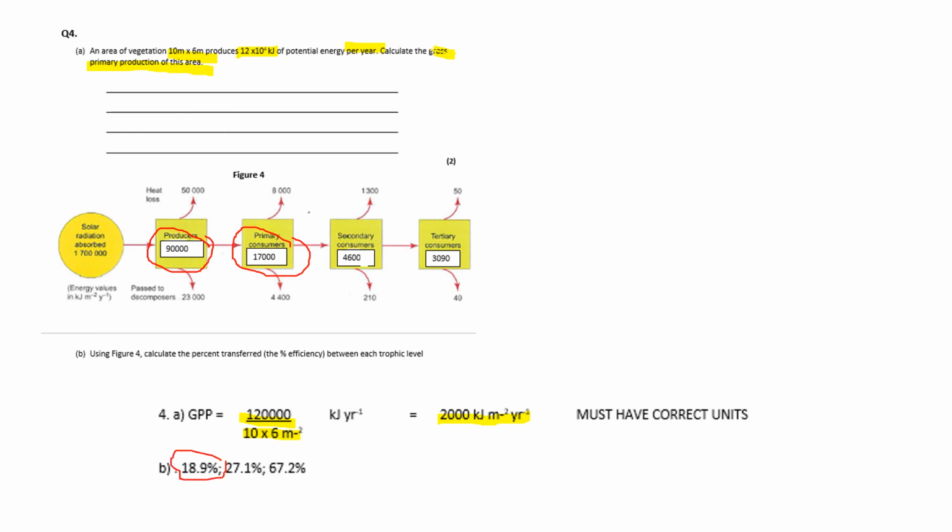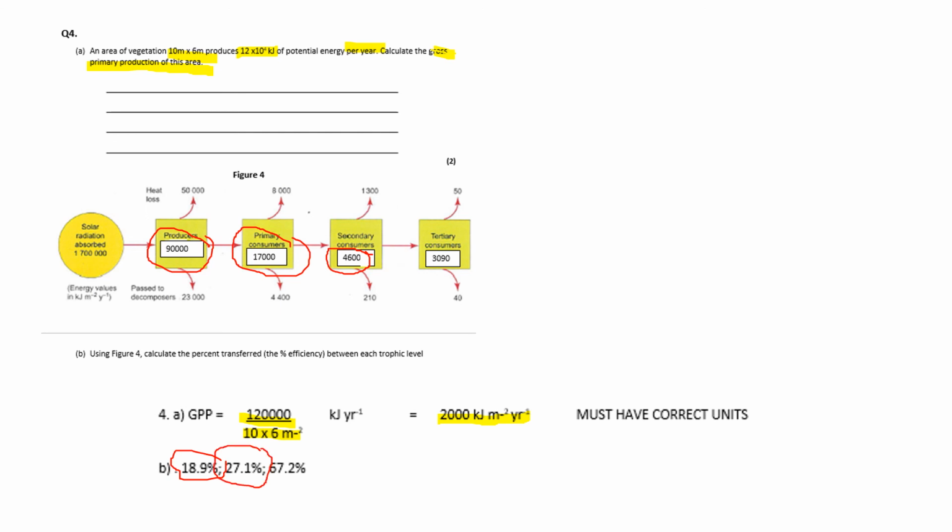You repeat that for the other percentage transfer of energy. So you're going to take your 4,600 value, so that's your secondary consumer, so that's the energy found within the secondary consumer, divide that by the energy found within the primary consumer, so higher trophic level divided by the lower trophic level, and that will give you 27.1. Now notice that the energy efficiency has increased, which is what you would expect.